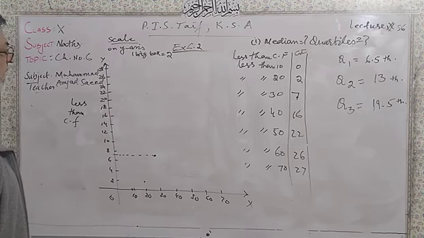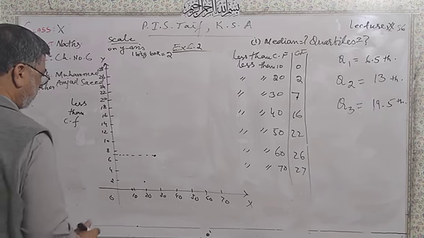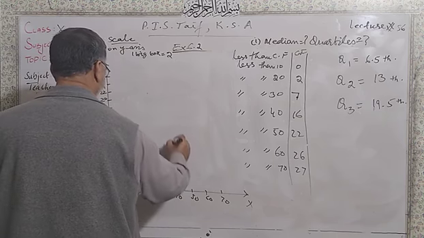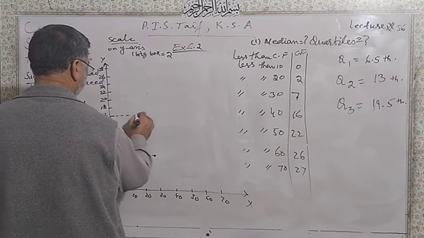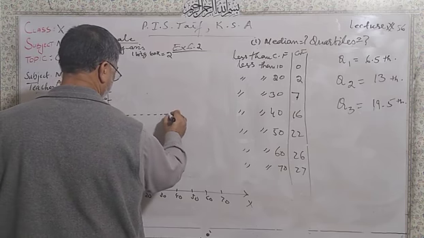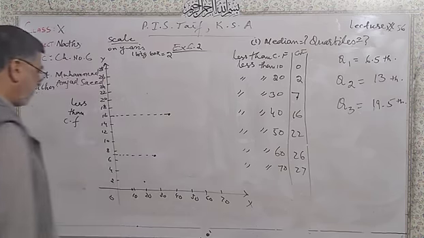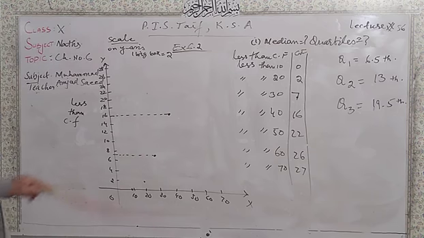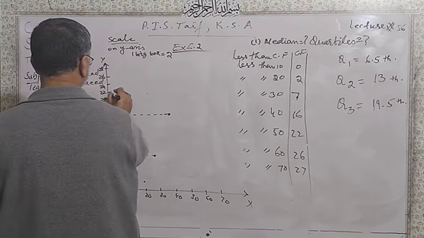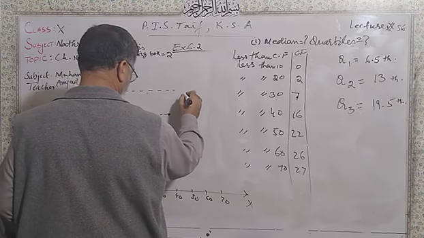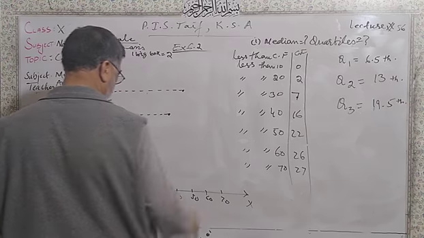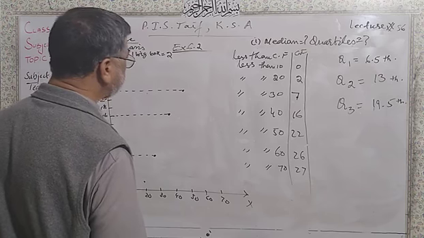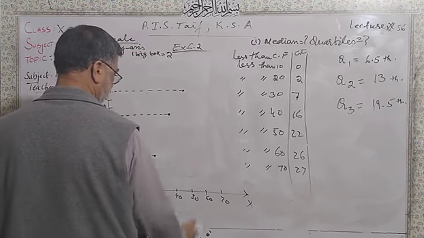Then less than 40 is 16. Then less than 50 is 22. Less than 60 is 26.